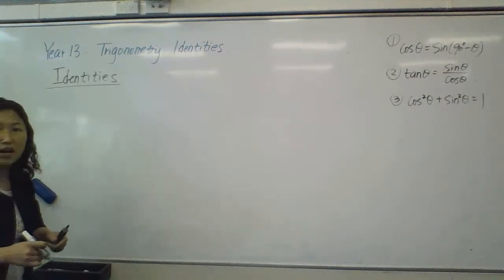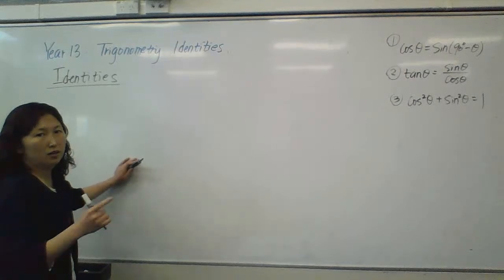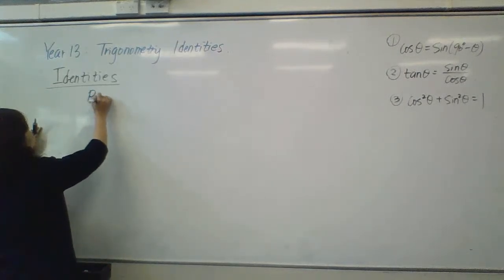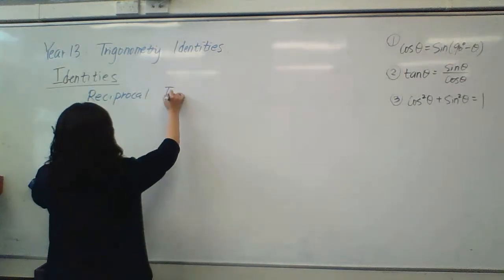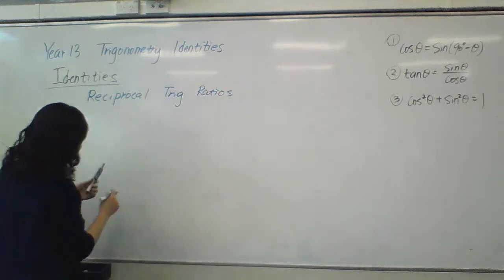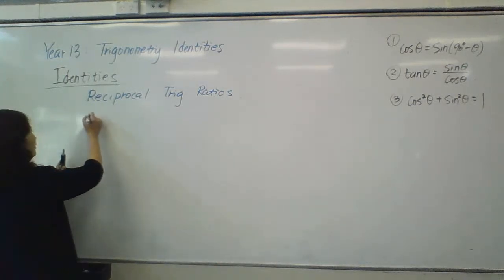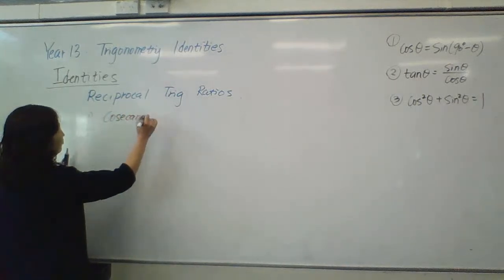All right, now we're going to have a look at what are called reciprocal trig ratios. Let's start with the first one, cosecant.